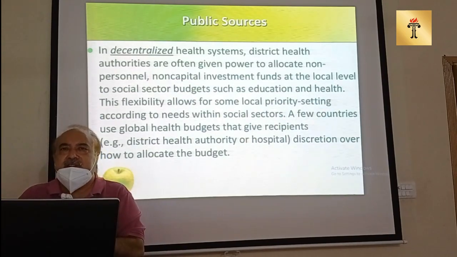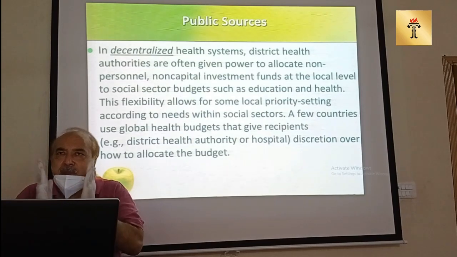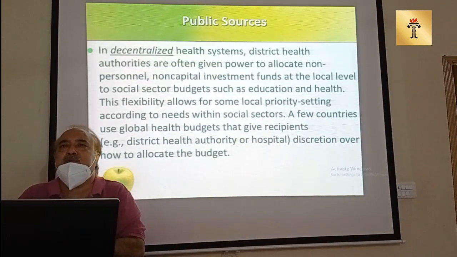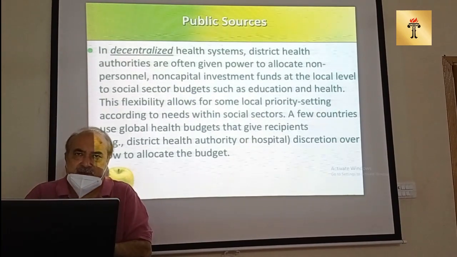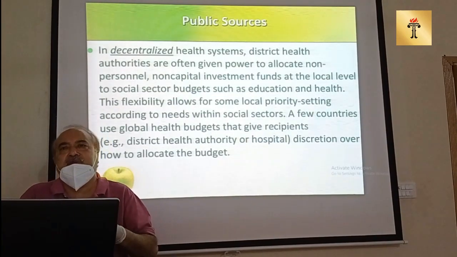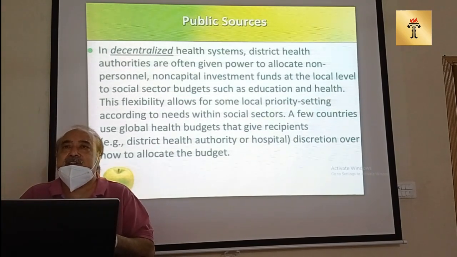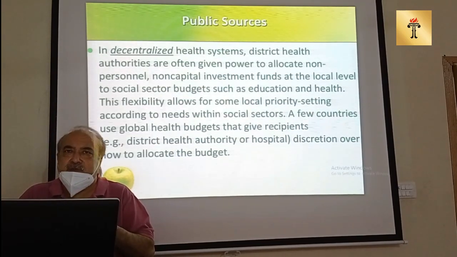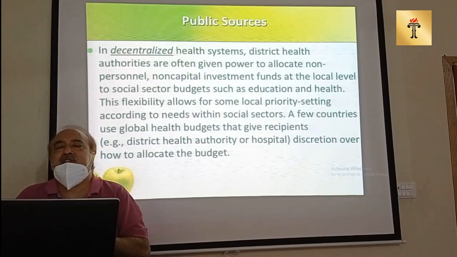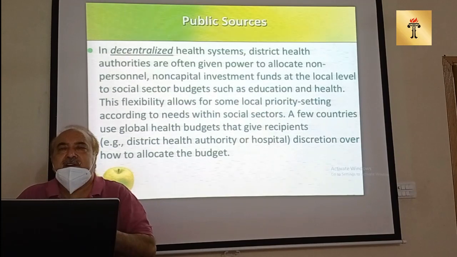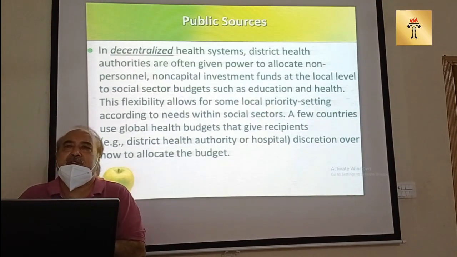Up to some level, they can allocate the budget, but the main budget is given to the district authorities, and then the DCO and the financial officer of the CEOs of the district provide budget to the health facilities working under their administrative control, like the district headquarters hospital.